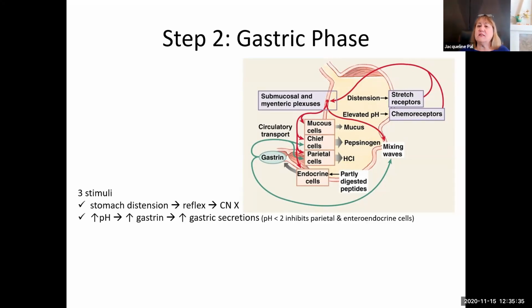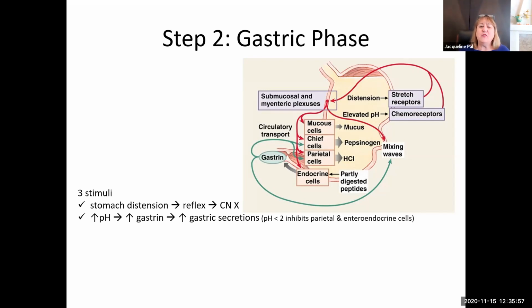In addition, because we have lots of hydrochloric acid being produced, that gives us a low pH, but the incoming food with its higher pH stimulates chemoreceptors, which also activate all of this.